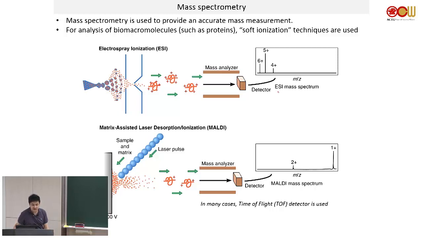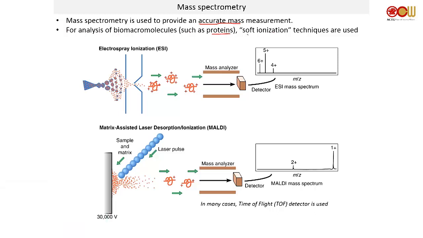So mass spec is used to provide an accurate mass measurement, compared to SDS-PAGE, which is really rough. Mass spec can actually give you a number; SDS-PAGE cannot. And for analysis of biomacromolecules such as proteins, we need to use a soft ionization.